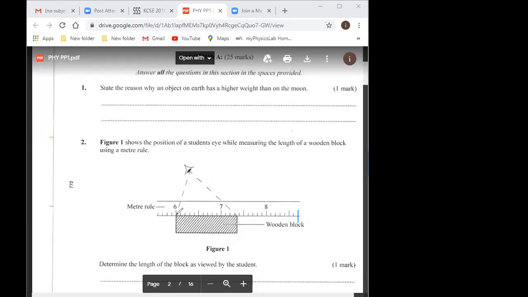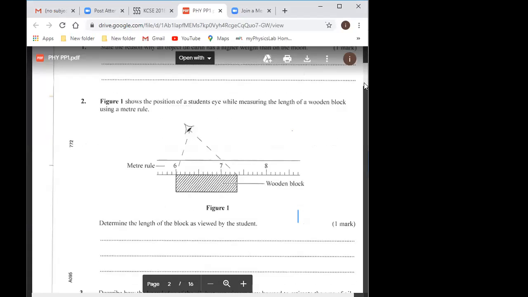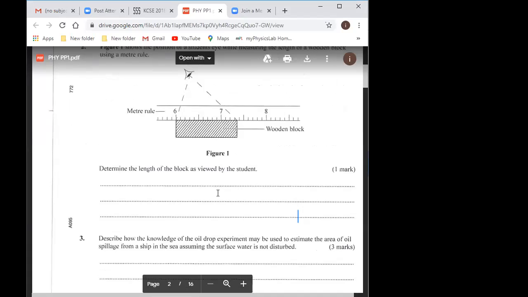Being a meter rule, it has accuracy of 1 decimal point, so this is 6.0, not 6. Then this one, the student will be able to see this reading, which is going to be 7.3. Therefore, it will be 7.3 minus 6.0. In this kind of case, you have to show the working. Even if it is awarding 1 mark, you have to show the working so that you can qualify to get the 2 marks.